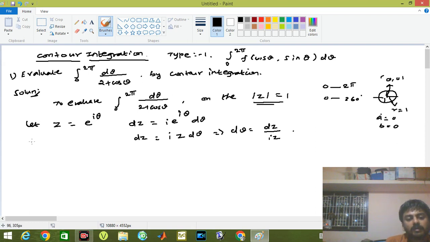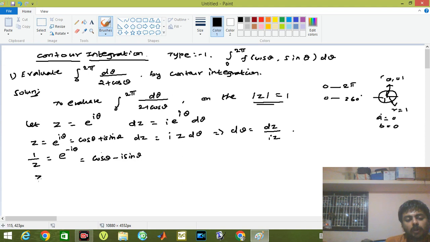I have z equal to e power i theta, that is equal to cos theta plus i sin theta, and 1 by z is 1 by e power i theta, that is e power minus i theta, which is equal to cos theta minus i sin theta.